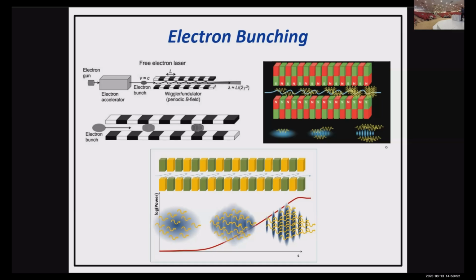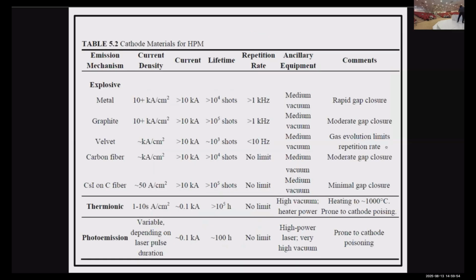Other than the lifetime of the cathode, there are other problems. We talked about the plasma formation on the cathode, and this plasma starts migrating toward the anode. Because the electrons hit the walls, the anode, some plasma will form and then migrate back to the interaction region and maybe close your gap.